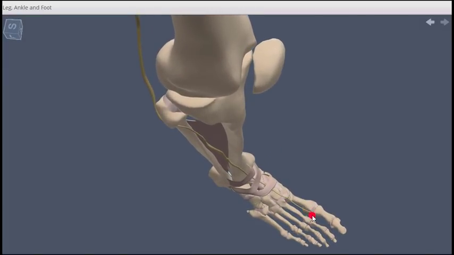Here it terminates by supplying the skin between the first and the second toes. While the superficial branch supplies the lateral compartment, then it becomes cutaneous, meaning it pierces the deep fascia and becomes superficial. It divides into these two branches to supply the skin on the dorsum of the foot except this area, which is supplied by the deep fibular nerve.